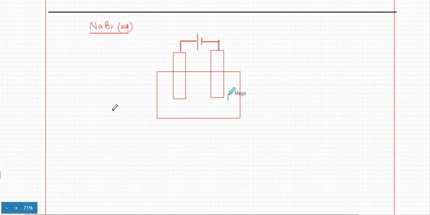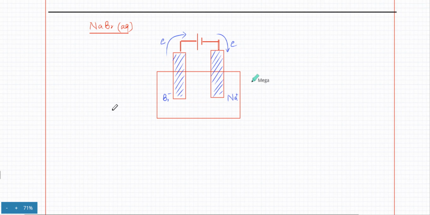NaBr is Na+ ions at cathode and Br- ions at anode. So this is your cathode. And remember, I'm talking about inert electrodes right now, which are made out of platinum or graphite. So battery is sending electrons. Over here, at anode, battery is pulling electrons away.